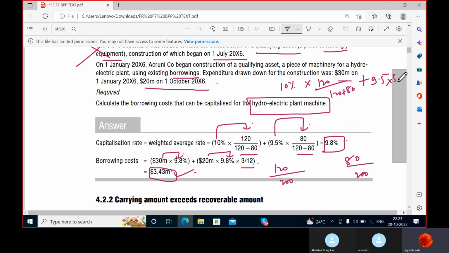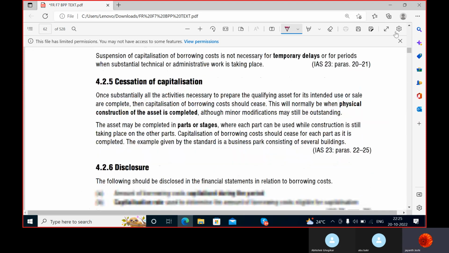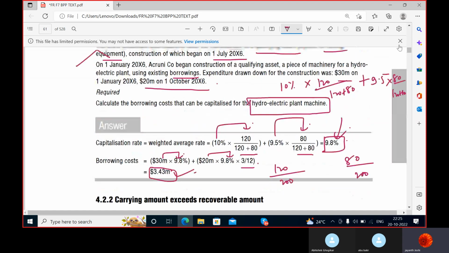So you calculate and you get the 9.8%. Please do this till here.